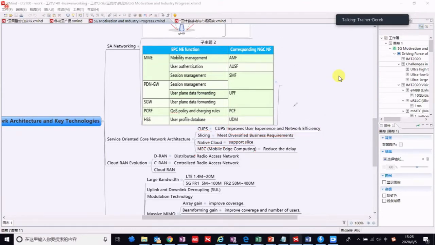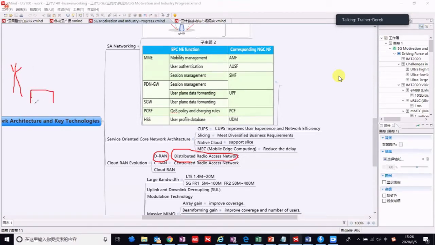And the cloud RAN evolution. DRAN means distributed radio access network. Now all the operators use DRAN. Like a base station, and this is a machine room.